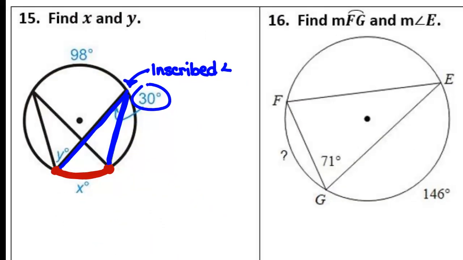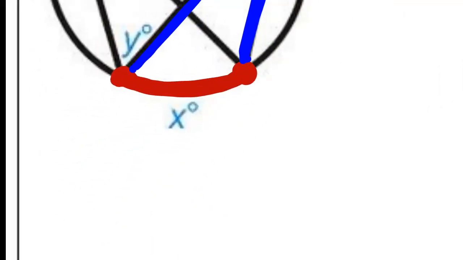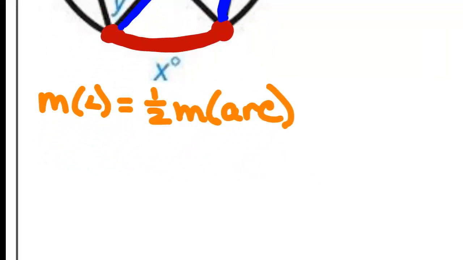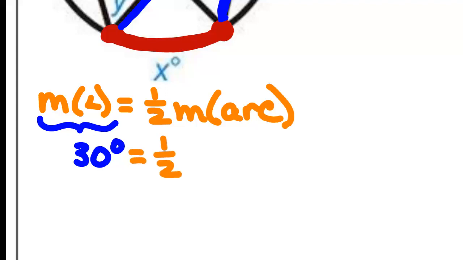So we're going to use our formula for an inscribed angle. The measurement of the angle is equal to 1/2 times the measurement of the arc that it's intercepting. How big is the angle that is intercepting our arc? 30. So we're going to put 30 in the place of the angle here. Equals 1/2.